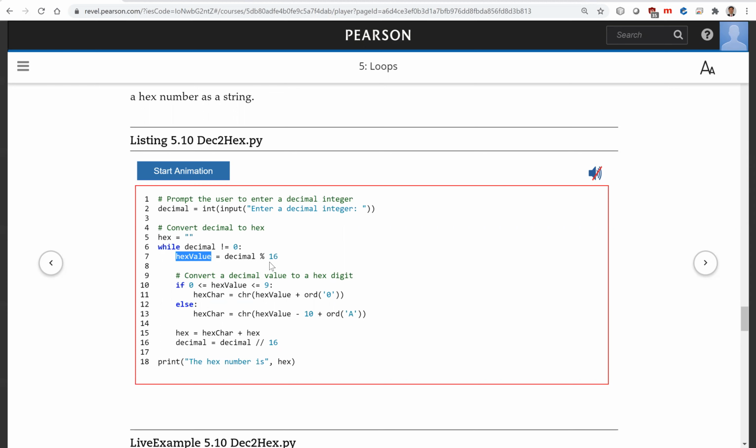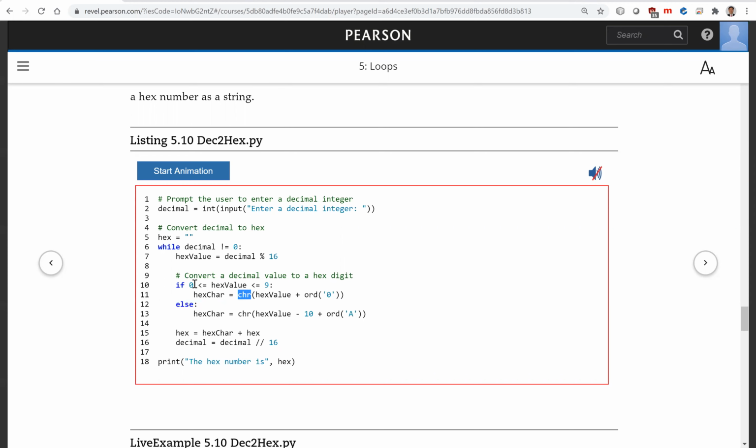So this is decimal divided by 16 and get the remainder. Now look at this value: if it is between 0 and 9, then the result is simply this hex value plus the ASCII code of 0, then cast it into a character.